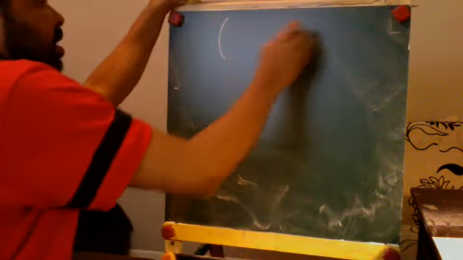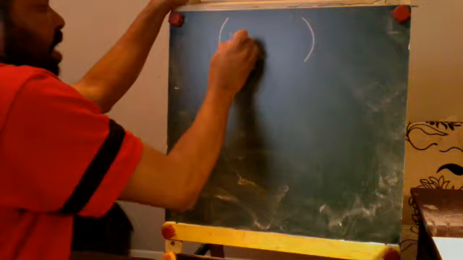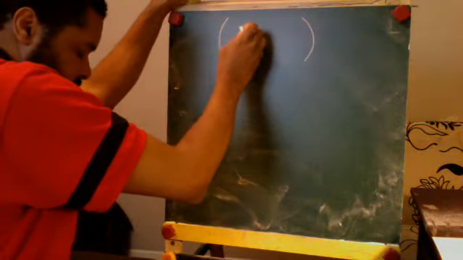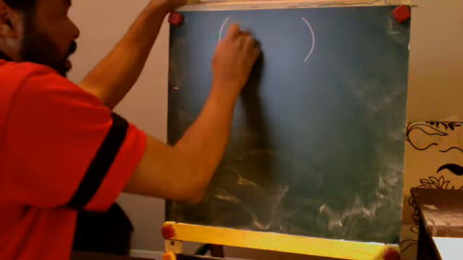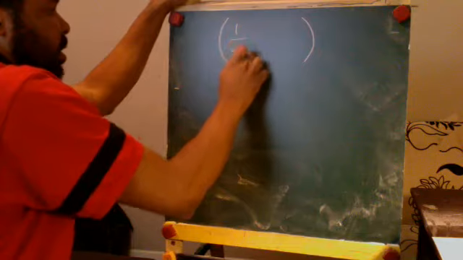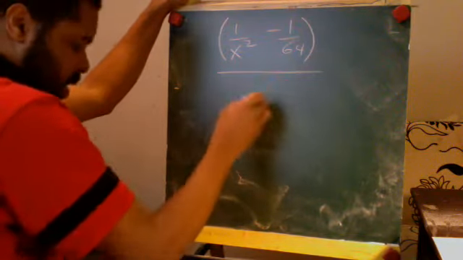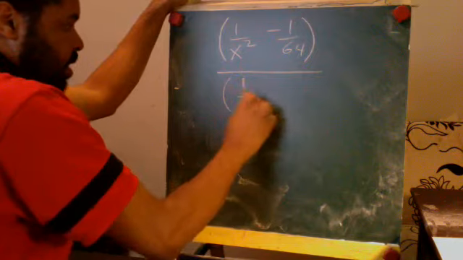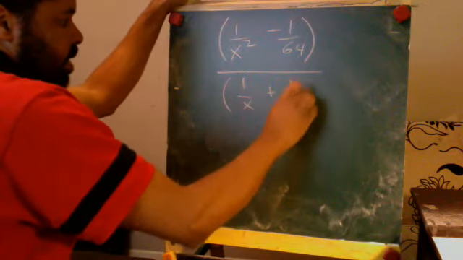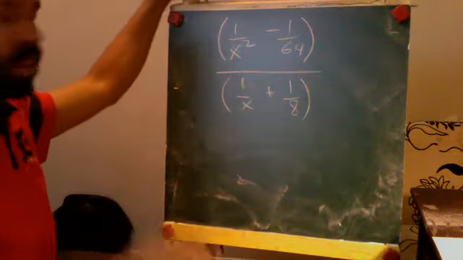Why am I multiplying by 64x squared? Because it is the bigger of the two denominators. So again, I have 1 over x squared minus 1 over 64. The numerator and the denominator, I'm going to have 1 over x plus 1 over 8. I just use the commutative property to switch them around.